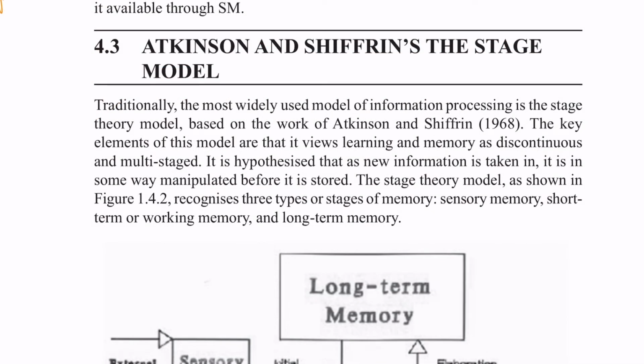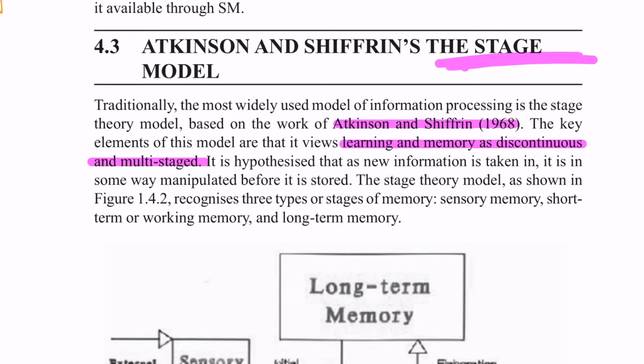Now we will discuss Atkinson and Shiffrin's stage model, which is a widely used model. They gave this model in 1968. The key element of this model is that learning and memory are discontinuous and multi-stage.